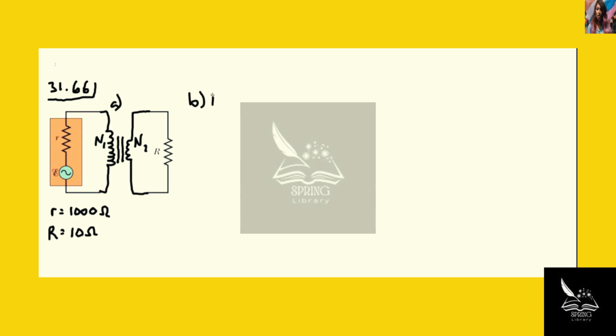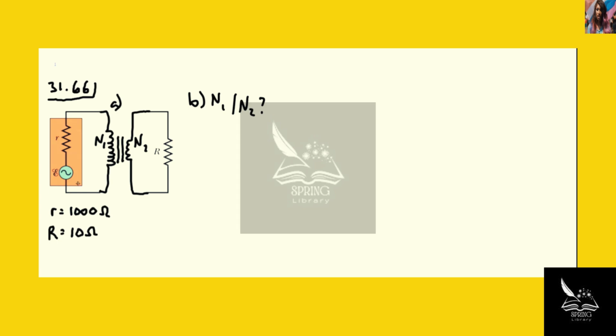For part B, we want the turns ratio we need. Now, there are at least two ways of doing this.